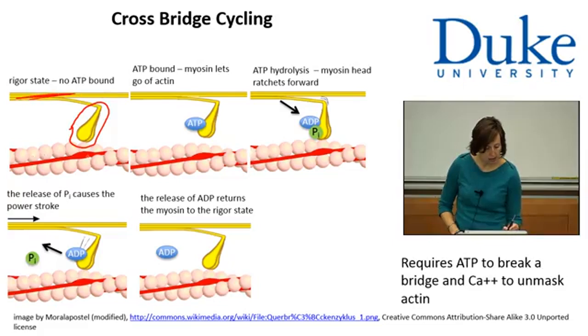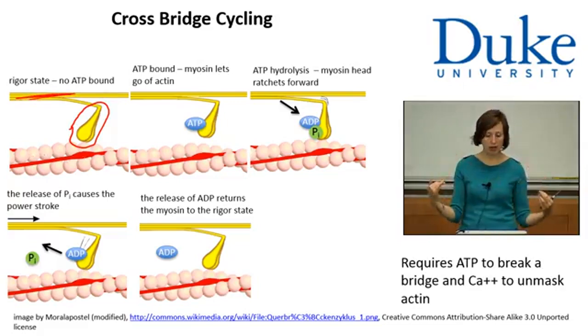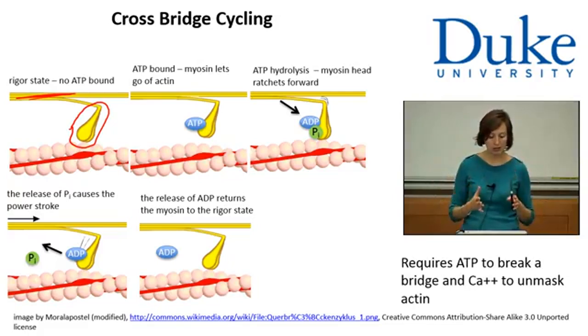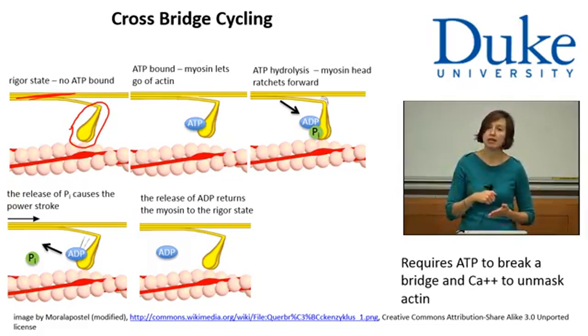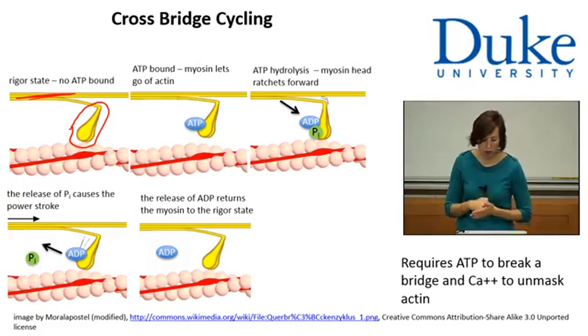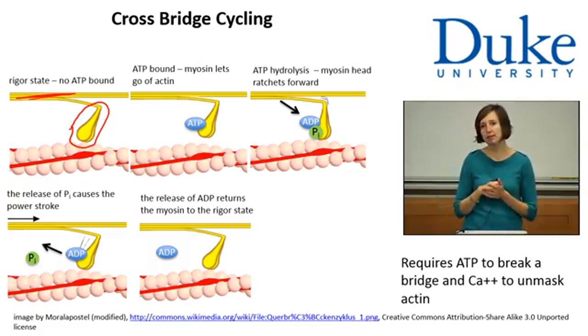Here's actin, and in red is tropomyosin, and you can see how it's now moved out of the way. We have calcium present. But in this first state that we're seeing, the rigor state, there's no ATP bound to this particular head, which means that the myosin head is tightly bound to actin. So that's called the rigor state. It's when there's no ATP bound, and it's tightly bound to the actin.